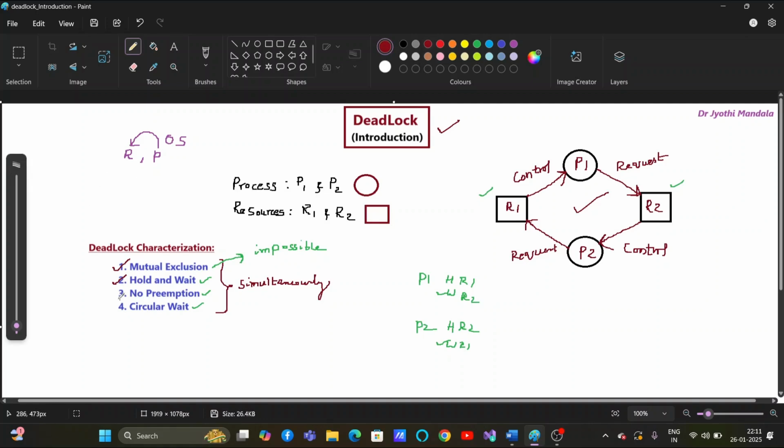Okay, next one is no preemption. You have heard this word preemption at the time of CPU scheduling algorithms. What is preemption? Preemption is nothing but, once a CPU is assigned to one process, if it is preemptive, there may be a chance that even without completing the process, the CPU may shift to another process.